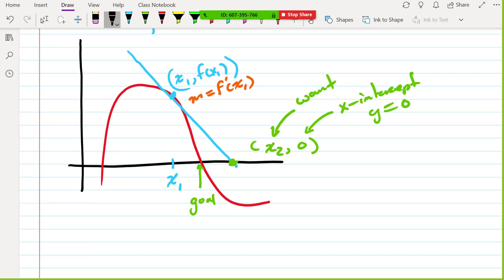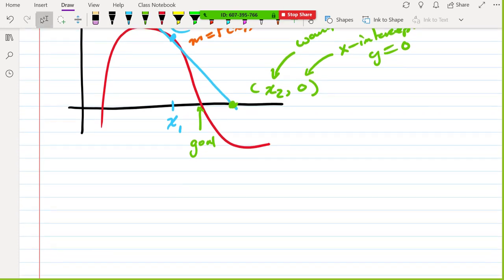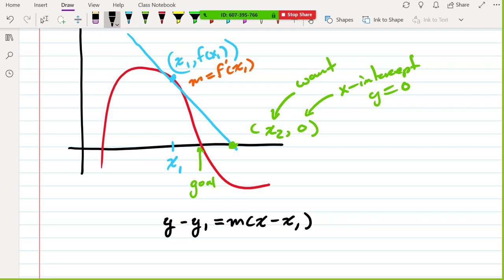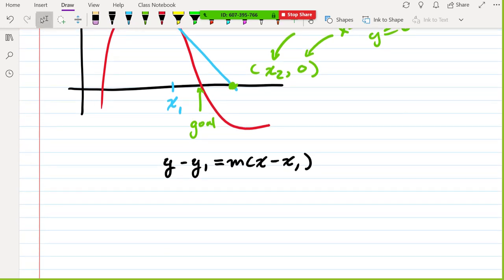So we can use our point slope formula from college algebra, which is y minus y1 is equal to m times x minus x1. So we know our x1 and our y1 are going to be x1 and f of x1. So we're going to have f of x1, and this is going to be x1.